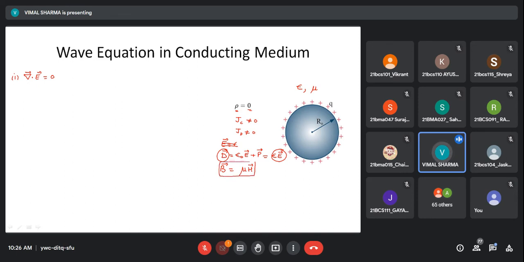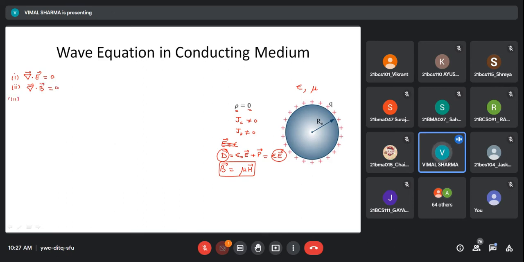So keeping all these relations in our mind for our medium, that is conducting medium, I can write all four Maxwell equations. My second Maxwell equation remains unchanged: divergence of magnetic field B is zero.